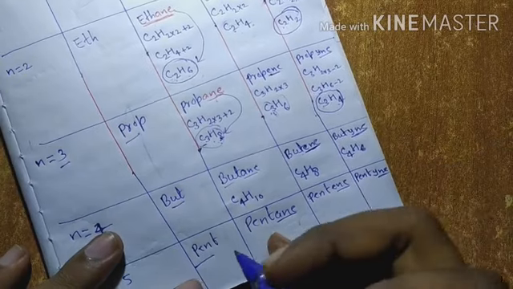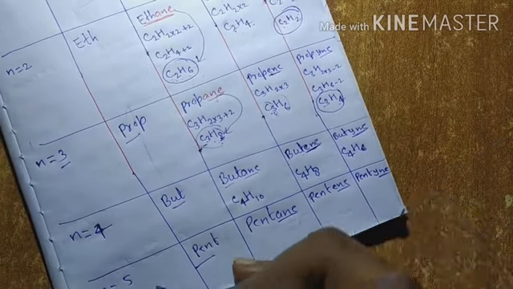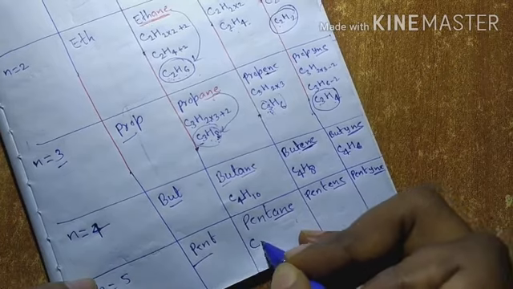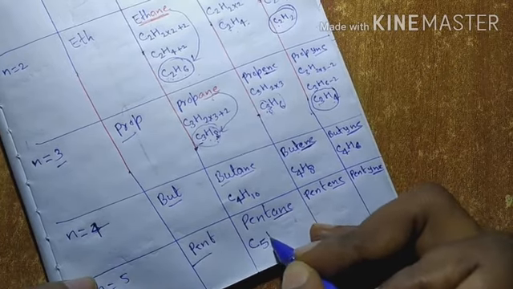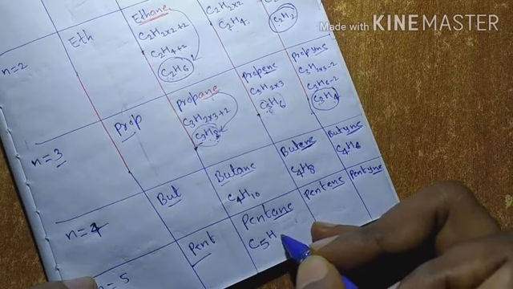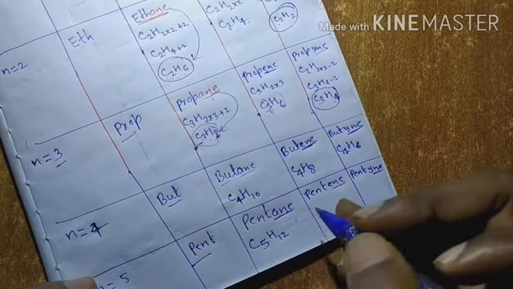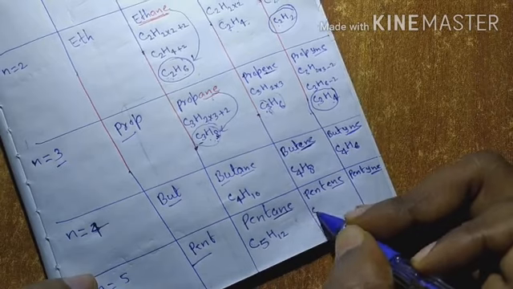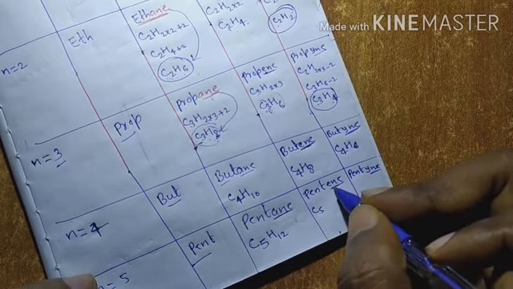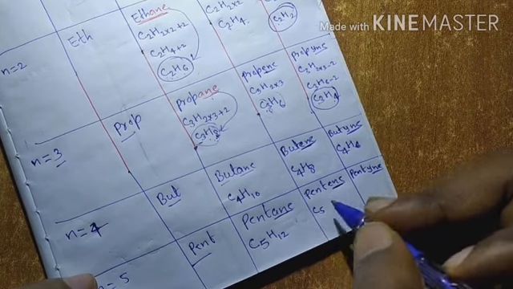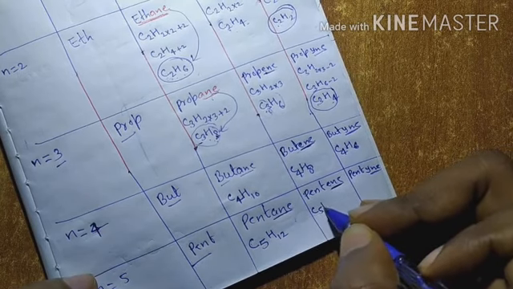Okay, so pentane, that is the number of carbon is 5, so C5. In case of alkane, just double plus 2, it means H, 5 times 2 is 10, 10 plus 2, 12, H12. Pentene: C5, the suffix is ene, so it means just double, H10.